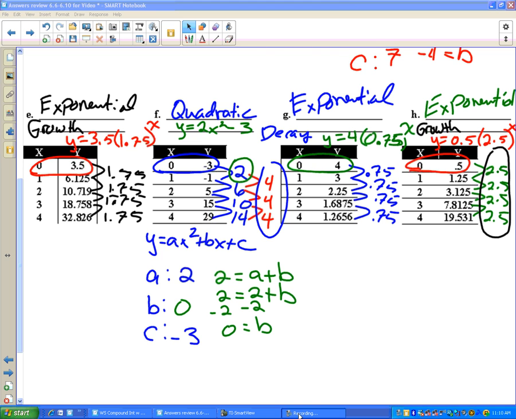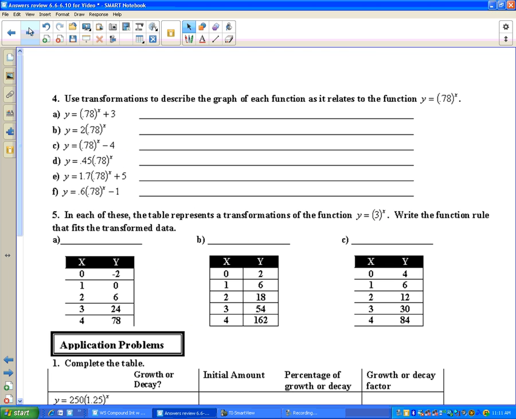How much time have we done so far? 21 minutes. All right. Use transformations to describe the graph of each function as it relates to the function y equals 0.78 to the x power. Letter A, I've added 3 on the outside, so this is a translation or a shift up 3.